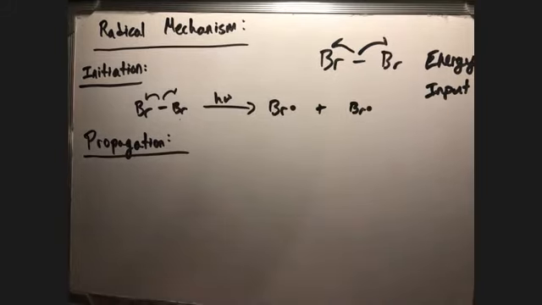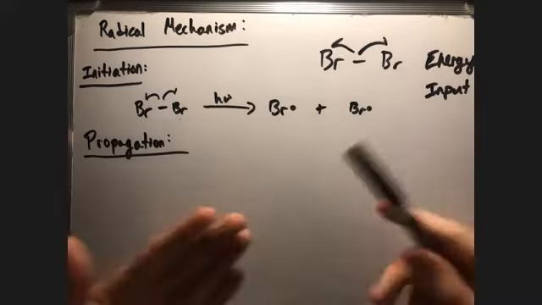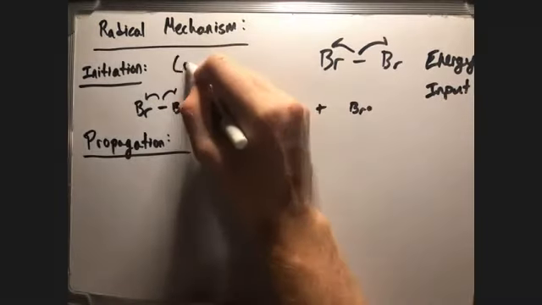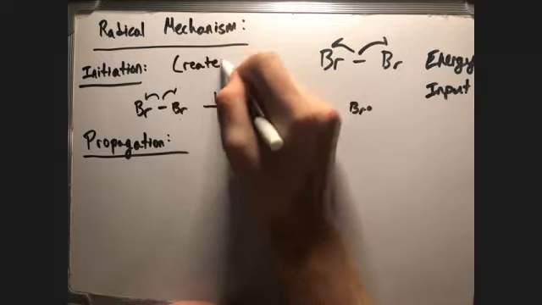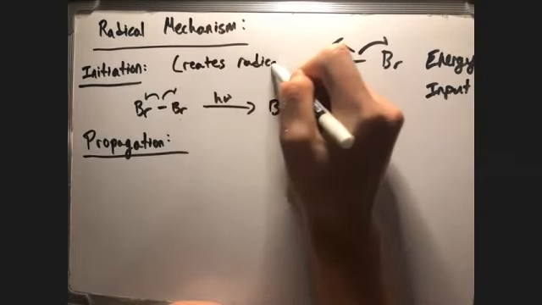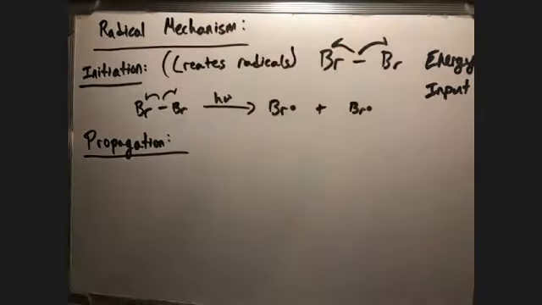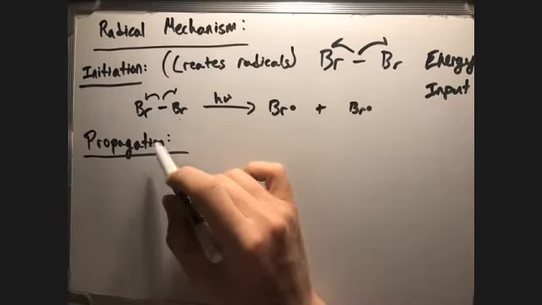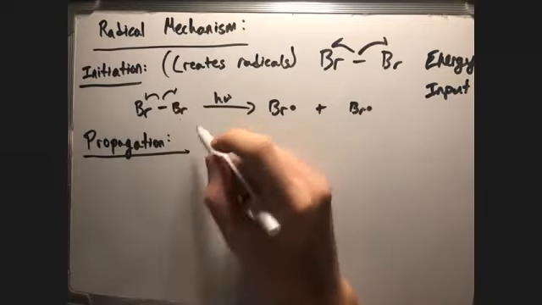So the initiation step, as the name suggests, creates the radicals. And without the creation of the radicals, you don't have any of the next stuff happening. So the propagation steps begin to make the product.